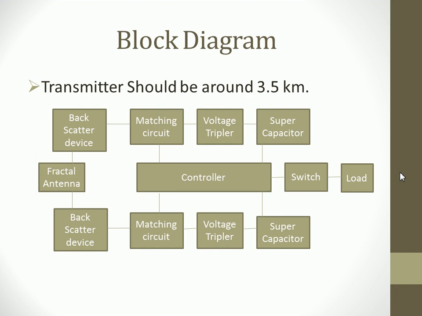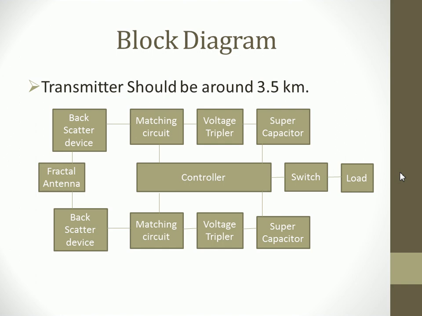And also, the fractal antenna is a 6 gigahertz antenna, and it receives 240 microwatt power, while the transmitter transmits around 5 watt power. It is 3.5 kilometers apart, so it receives the power of 240 microwatts.